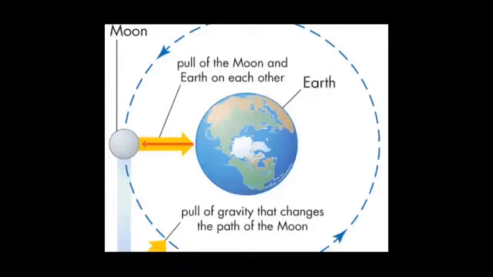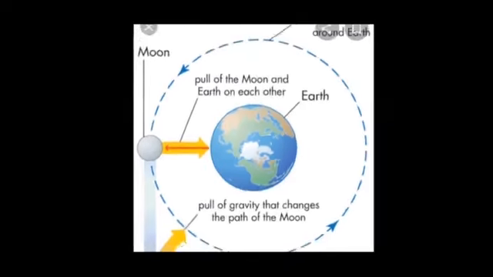The yellow pointer represents the acceleration towards the earth, and the velocity of the moon is different. It is in the outward direction, and that velocity, that means the speed, determines the centripetal acceleration, which we are going to calculate here.